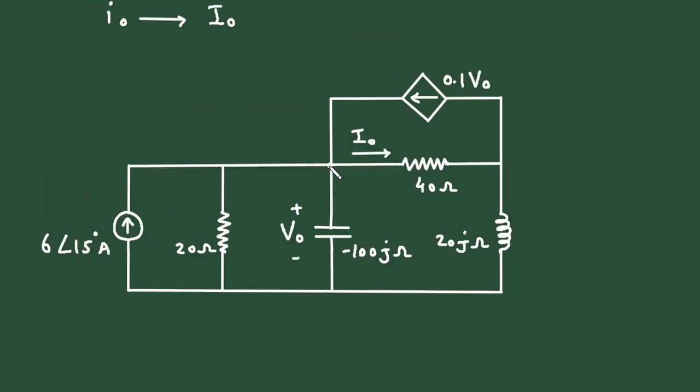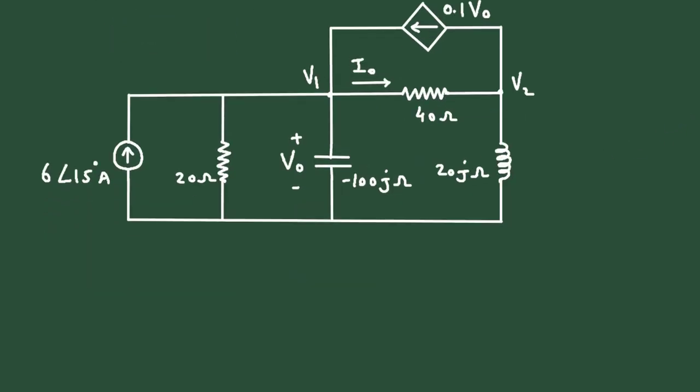Now let's say this is node 1, V1, and this is node 2, V2. And let's say this is the reference node or ground node with 0 voltage. So all the currents are towards this reference node. Let's say this is current I1, this is current I2, this is current I3.